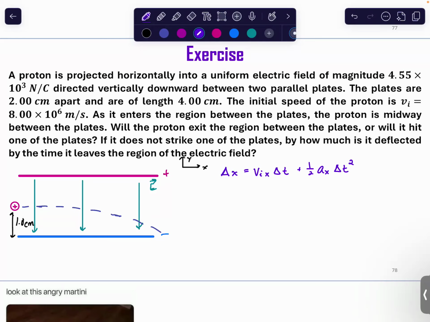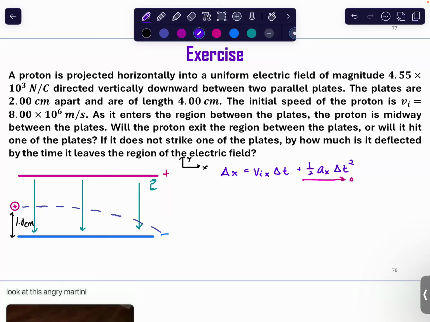So we know initially the proton's not moving in the y direction, then it is. So there's an acceleration in that direction. However, the velocity in the x direction is not affected. So the acceleration in x is 0, making that entire term 0.